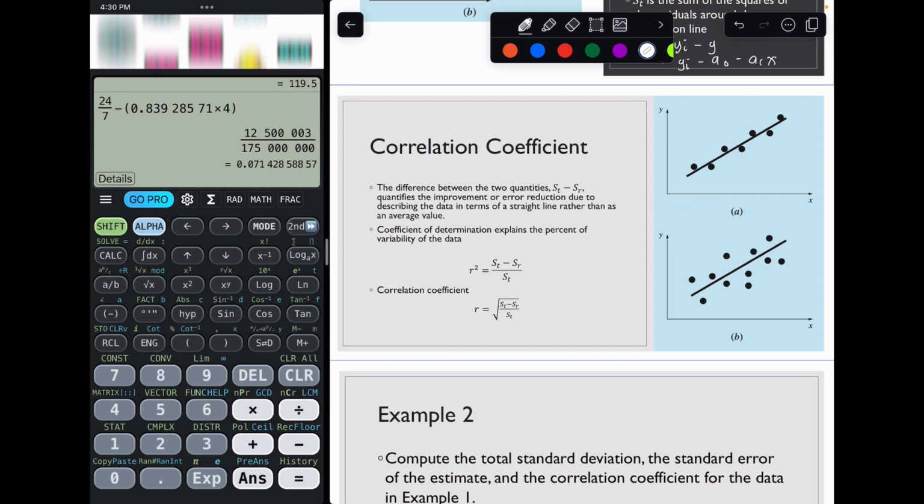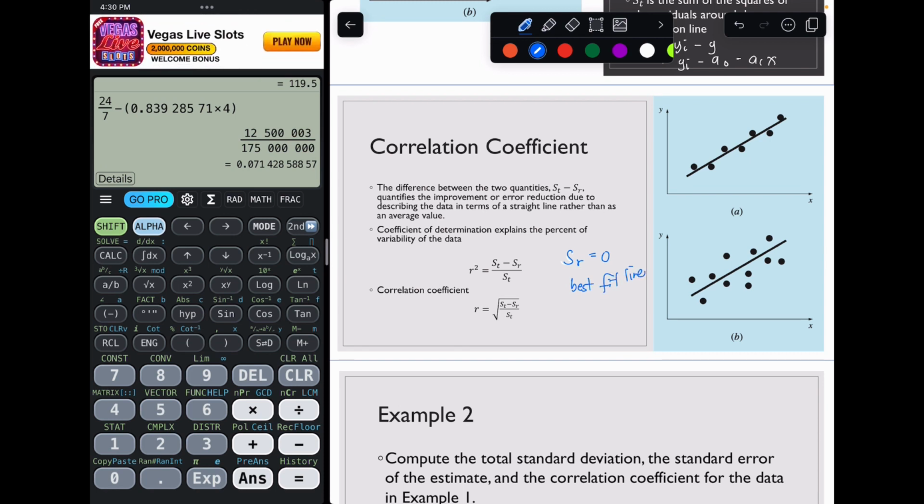If we compute the sum of the squares of the residuals from the regression line, the smaller the value of S sub r, the closer the data points are to the regression line. When S sub r is equal to 0, that means it is the best fit line.